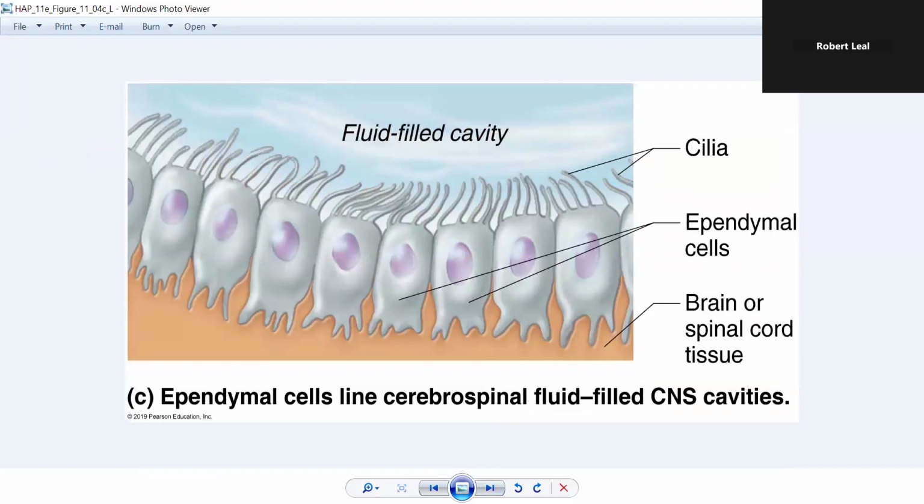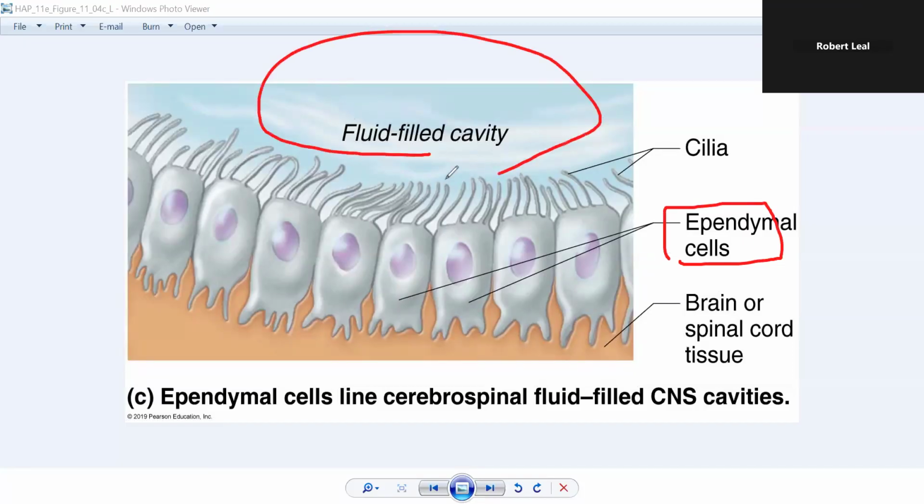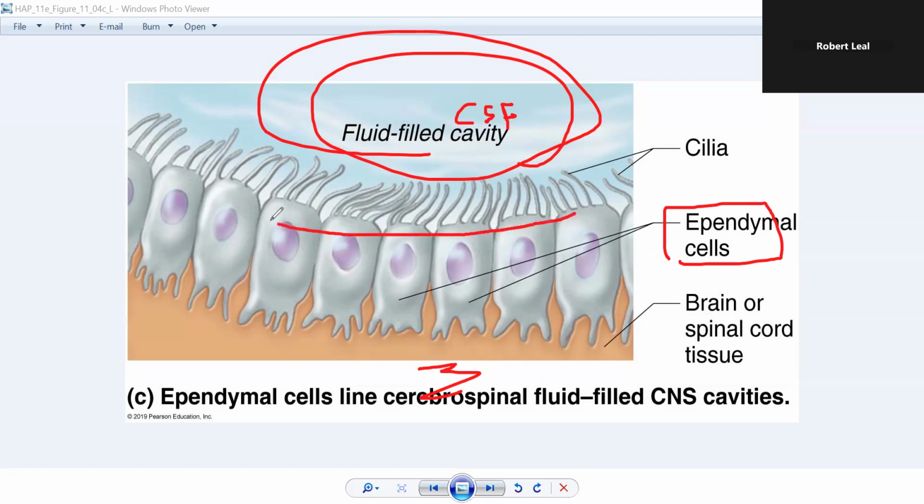Now, a third type of support cell here in the drawing is called ependymal cells. If you cut into the brain, there are cavities within the brain called ventricles where you have fluid called cerebral spinal fluid, and that fluid provides oxygen and nutrients to nerve cells deep in the brain. And lining the ventricles are these support cells called ependymal cells.